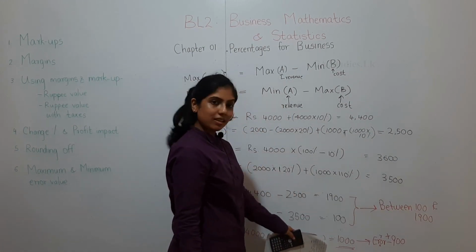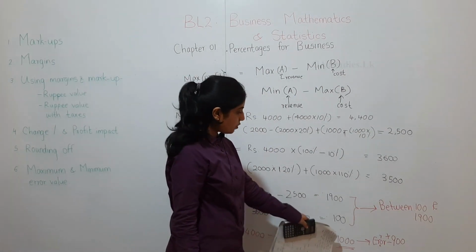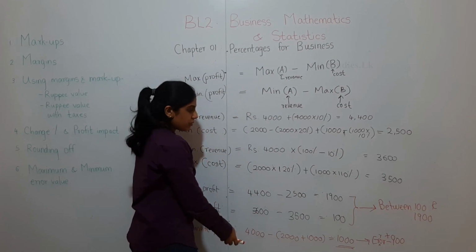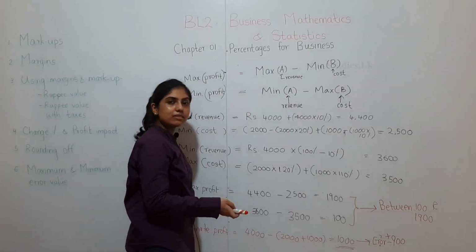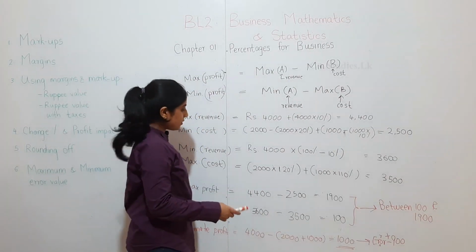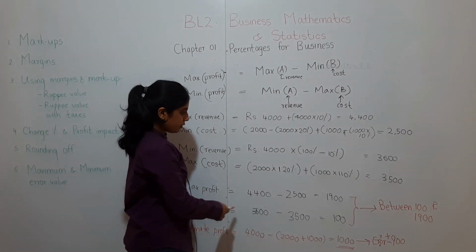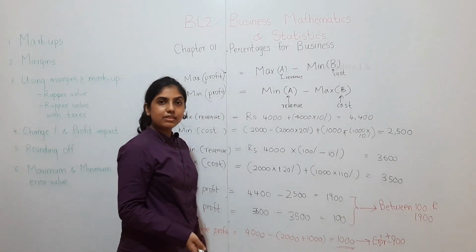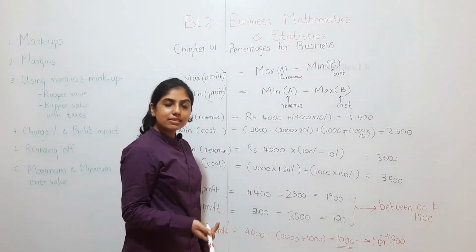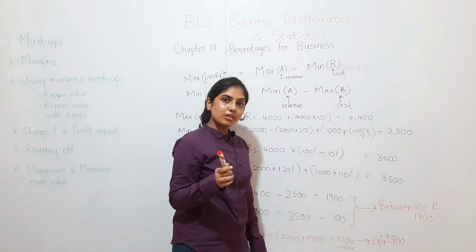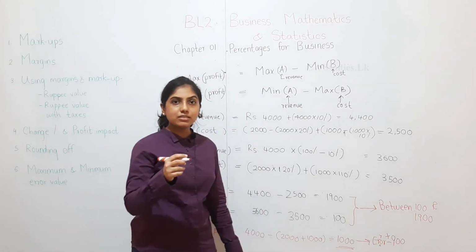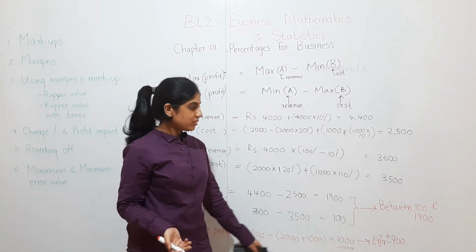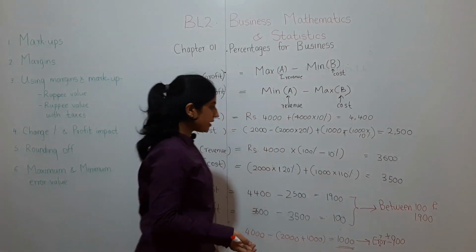When you minus 1,900 maximum profit from the estimated profit, your maximum absolute error is 900. But when you minus the minimum profit from your estimated profit, your minimum absolute error is 100. So, that can be expressed as plus or minus, since the gap is 900.